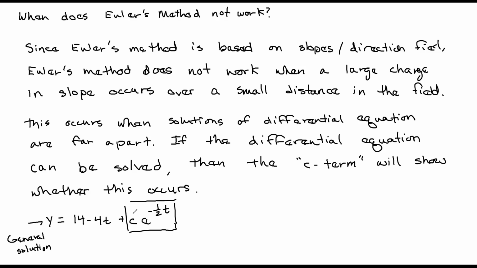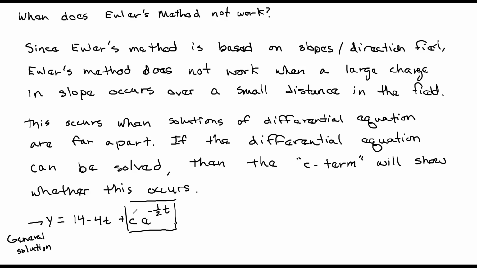You solve a differential equation and it produces a C. So if you have 0, 0 as your initial condition, you plug it in and it gets you a C value. Let's say you have 0, 1 as your initial condition. You plug that in, and that gets you a C value.